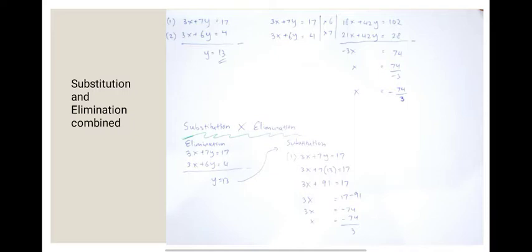How can they be eliminated? The trick here is we can multiply both equations by a number that we want. We want to multiply the top one by 6 and the bottom one by 7. Why? So they both have the same amount of y.